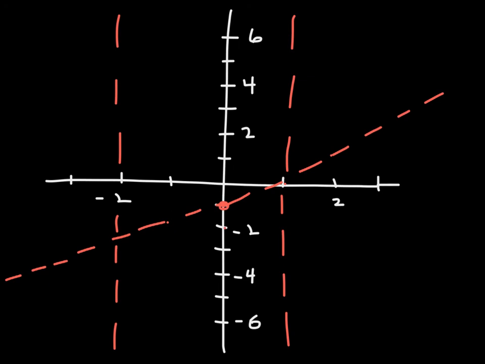Remember, you only have one x-intercept, which is right here. That's the only point at which the graph crosses or touches the x-axis.